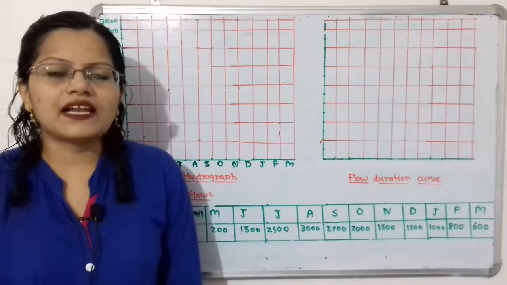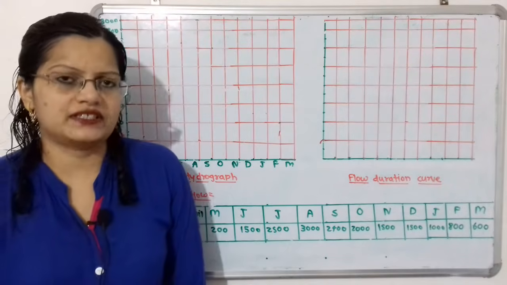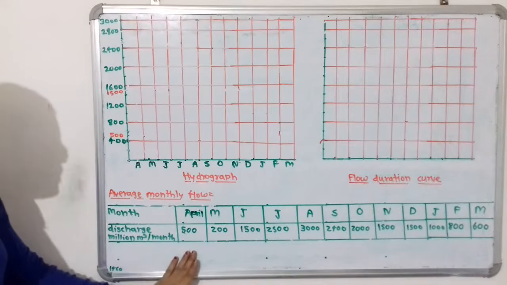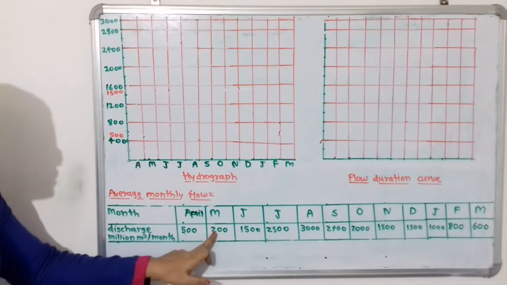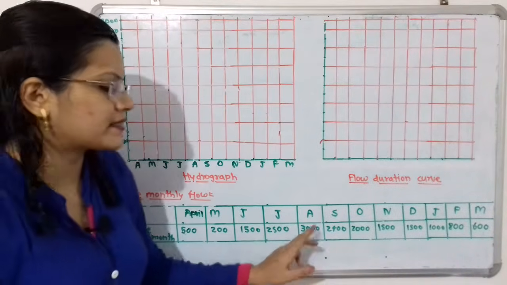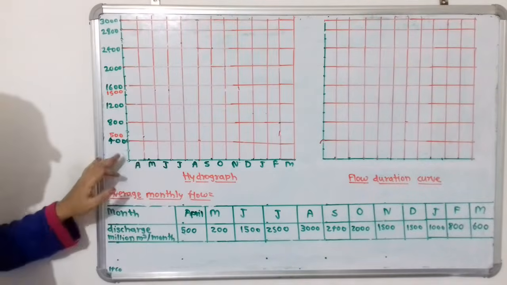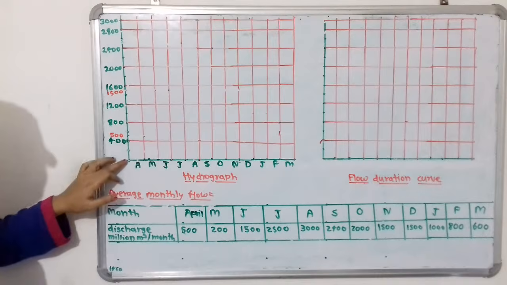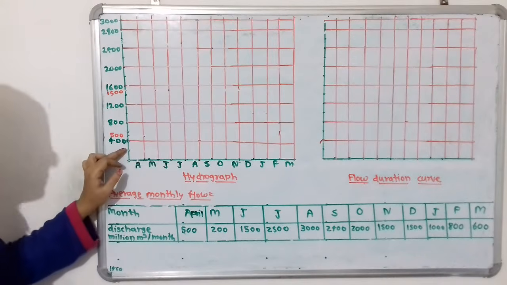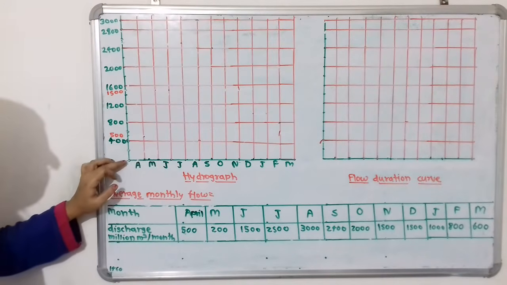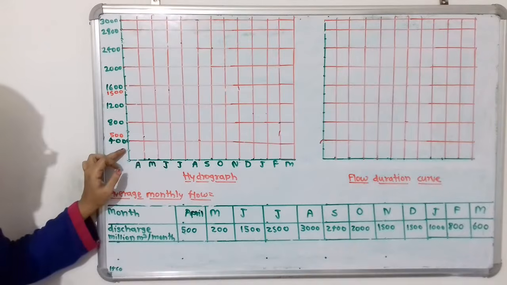Then on vertical line we will plot the discharge. Now if we observe here, minimum discharge is 200 and maximum discharge is 3000. So whenever we start from 0, suppose we will take here 2 centimeter distance. Then for 2 centimeter distance we will plot here the 200.